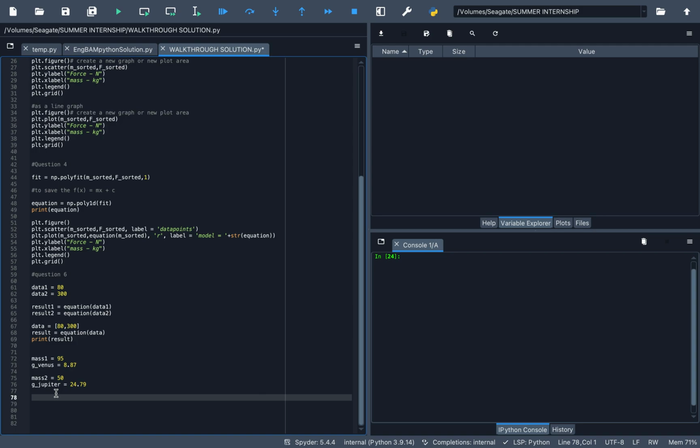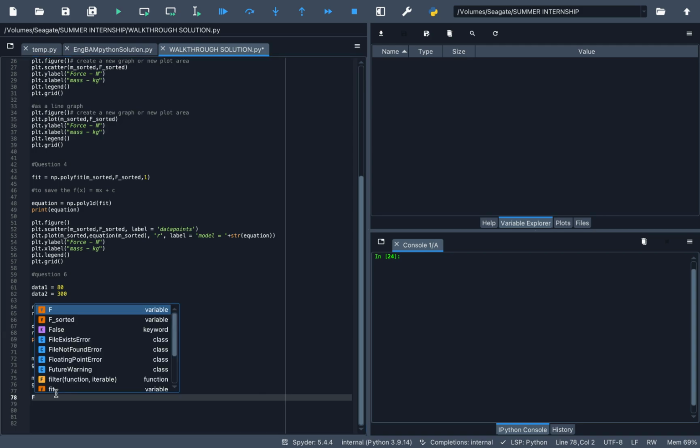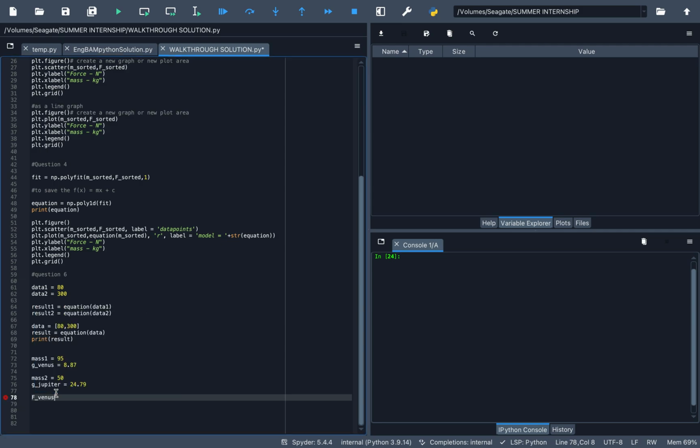And so in this case, what we're now going to do is calculate the gravitational force the astronaut on Venus would experience. So force on Venus is equal to mass 1 multiplied by the gravitational constant in Venus.